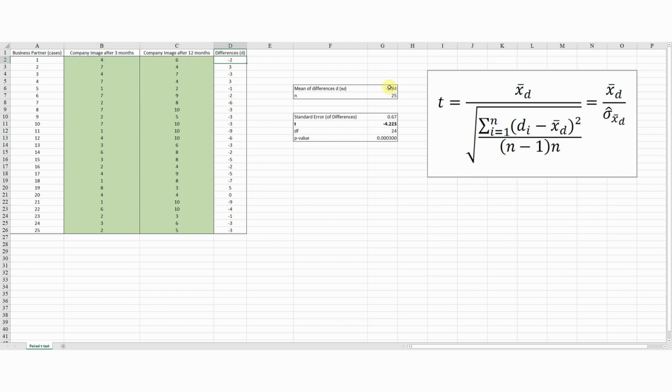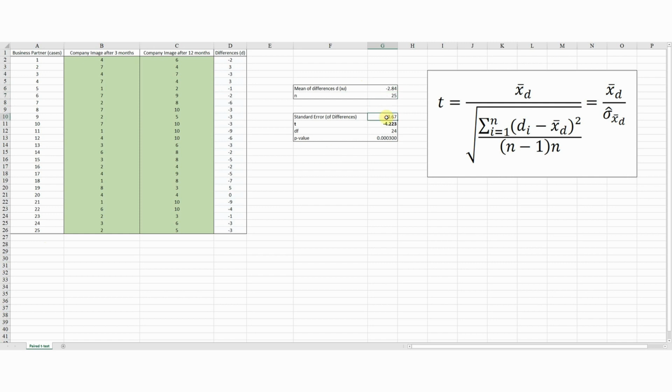Then you take the mean, the arithmetic mean of those differences. I will not go into actually calculating the mean. I just use the Excel formulas, as you can see here. And of course, you know the sample size, n, which is here 25 cases.